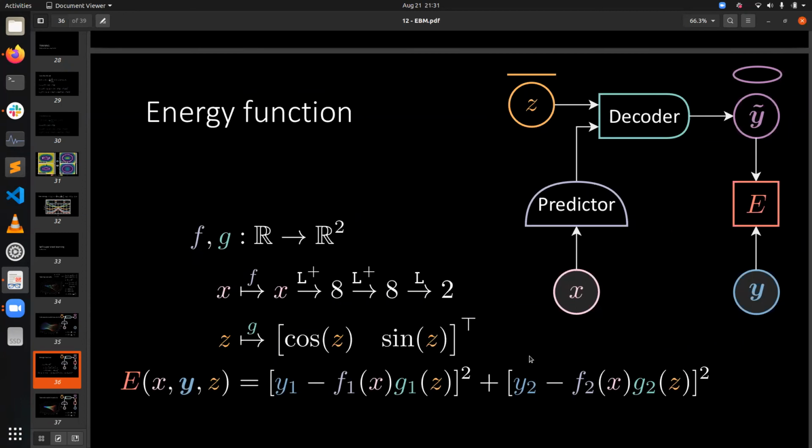We are just fitting two coefficients given one input, but we do it not for one value, but for the whole ellipse, which is parameterized by this z, right? So z is from 0 to 2 pi, so it's a range of values, and that's a simple problem all in all, right?